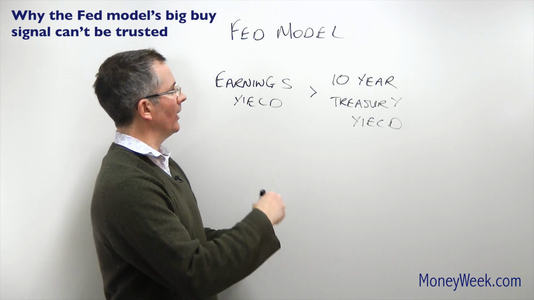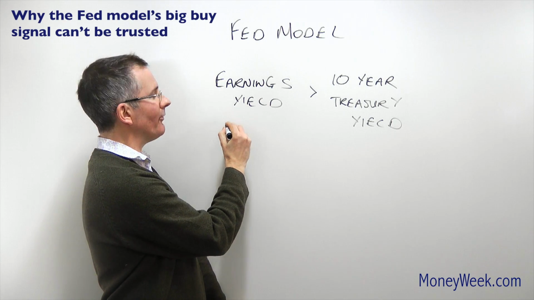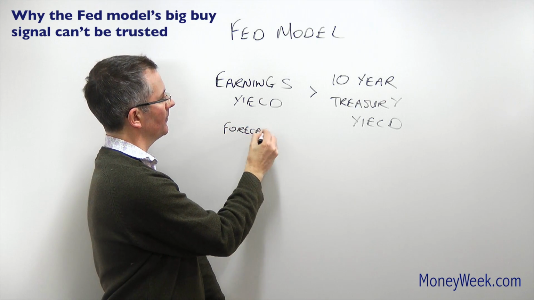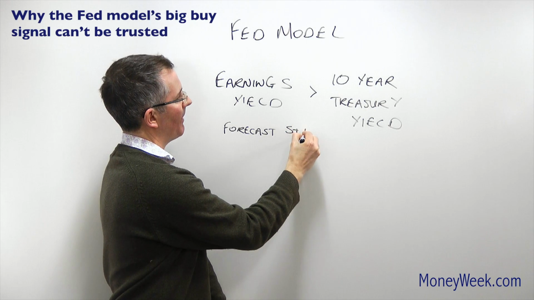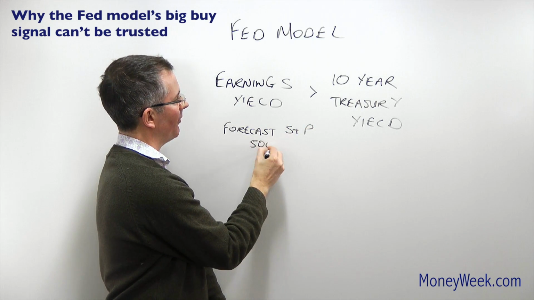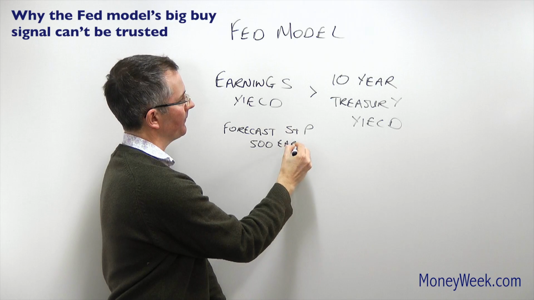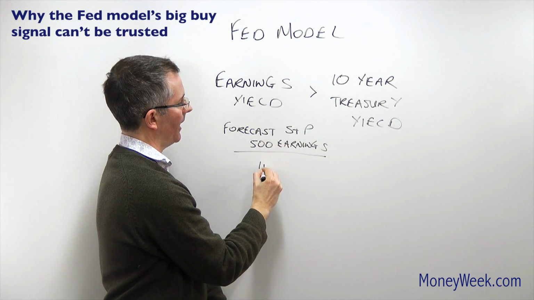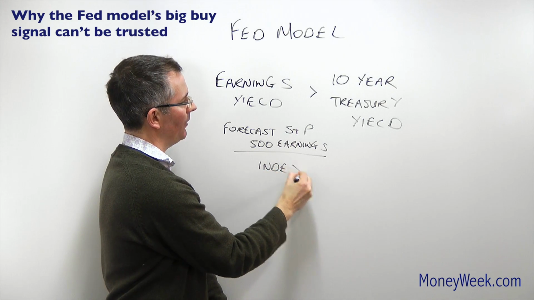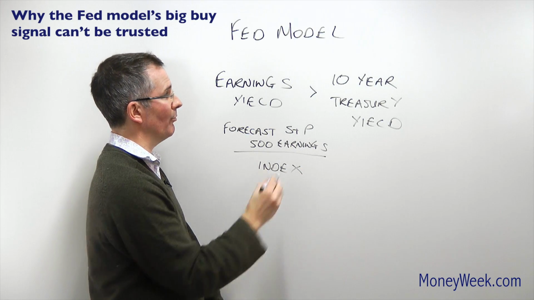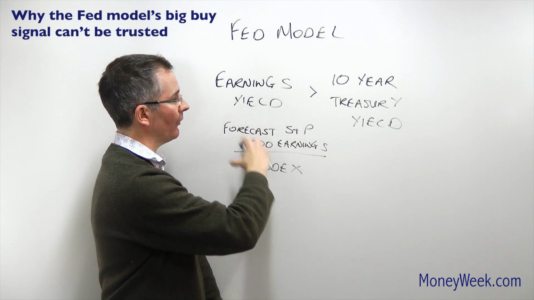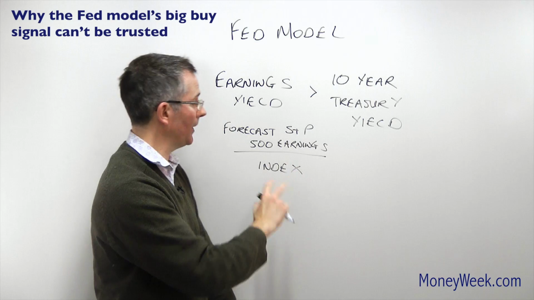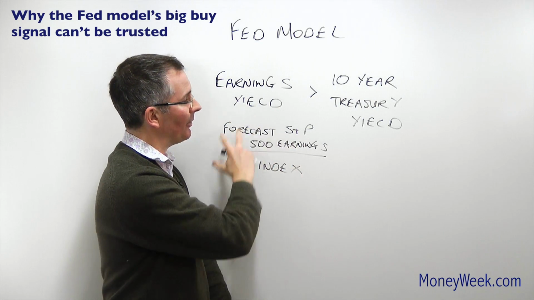So an earnings yield takes basically normally 1 year's forecast S&P 500 earnings over the S&P index value. That will change every day, which will move the earnings yield, but you take the forecast 1 year S&P 500 earnings, use a different figure if you want, but that's the traditional one, over the index as a percentage.